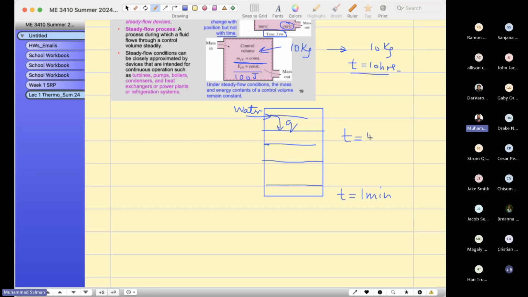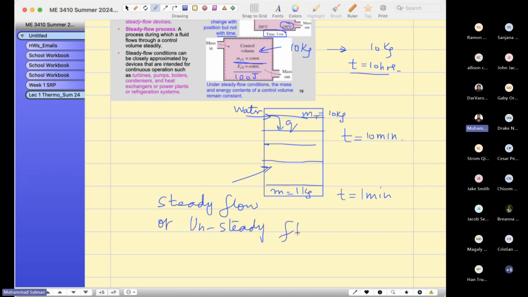After 10 minutes the level is full. The mass over here was 1 kilogram, and now the total mass is 10 kilogram. Is this a steady flow or unsteady flow?